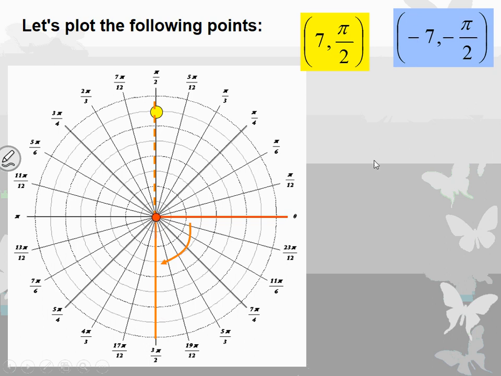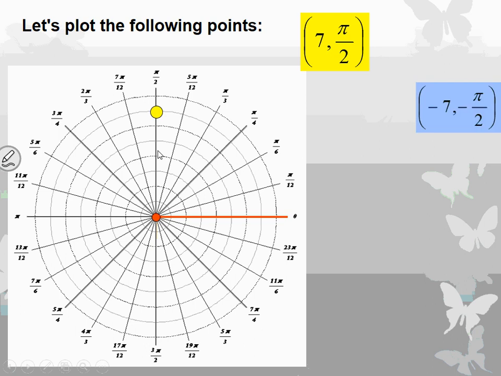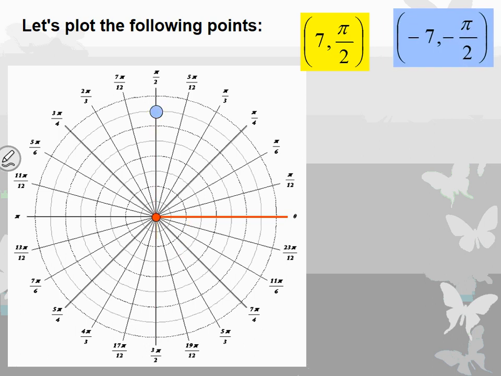But -7 means you count out 7 circles on the opposite side of the pole. So we write this out, and then the opposite side of the pole would be up here. Does that make sense? Okay, so I count out 7 circles, and where is that going to get me? Yeah, it gets me in the same exact spot. And that's what we talked about maybe briefly yesterday or the day before, is that we now have 2 different ways to write the same spot or to reference the same spot.